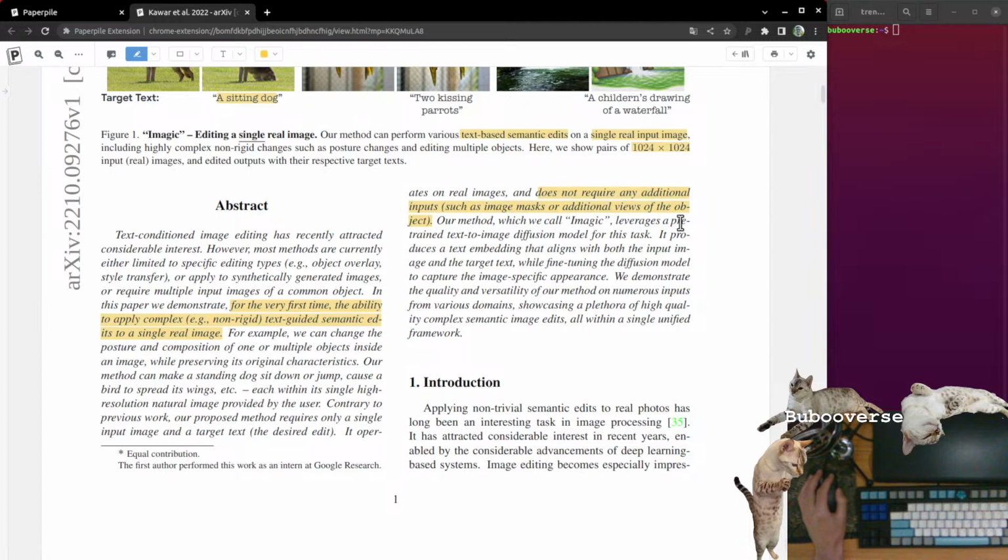Okay, our method leverages a pre-trained text-to-image diffusion model. Produces a text embedding that aligns with both the input image and the target text while fine-tuning the diffusion model to capture the image-specific appearance. Okay, so that's interesting.